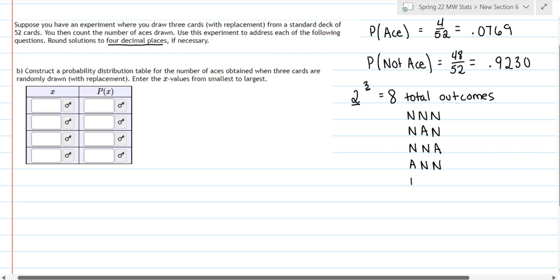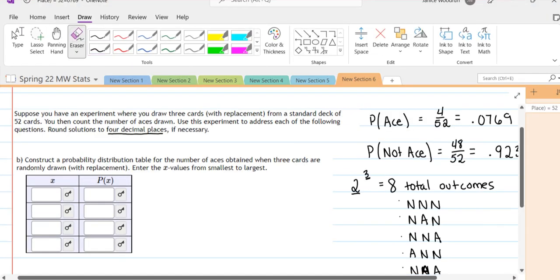You could have no ace, ace. Let's think here. Did I already do that one? I already did that one. So no ace, ace, ace. Let's do that. See, it's easier for me to do the tree diagram because I can visualize it, but I'm trying to do it without. Let's go ace, ace, no ace. Ace, no ace, ace. 1, 2, 3, 4, 5, 6, 7, and then ace, ace, ace. 8. Okay, so that's kind of how you could do it without the tree diagram, but you might mess up like I did. Just make sure you don't repeat any.